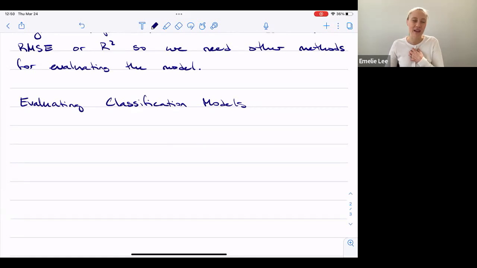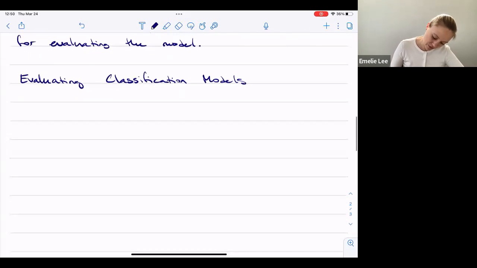When I say things like specificity, sensitivity, precision, those might ring a bell from Data Science 300, if you took it with me. So we've kind of seen this before, but let's talk about it a little bit more. Evaluating classification models.